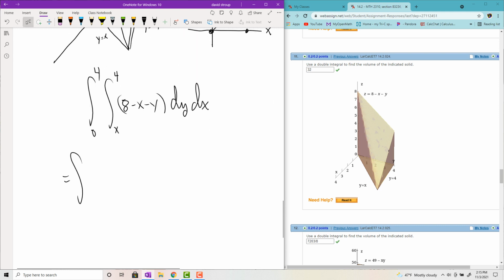So integral with respect to y, 8y minus xy minus y squared over 2 from x to 4 dx.